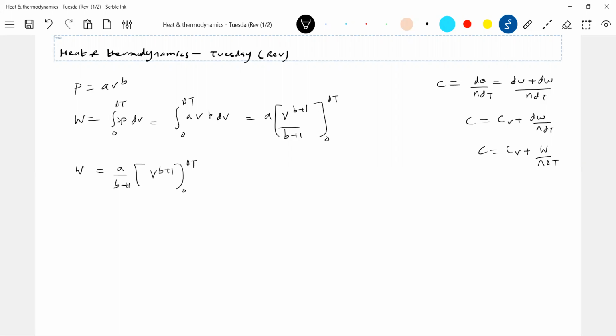So this is the work done, but we wanted something in terms of temperature, so I have to bring the volume in terms of temperature. From the ideal gas equation, PV equals nRT. P is A V to the power of B, so A V to the power of B plus 1 equals nR delta T.